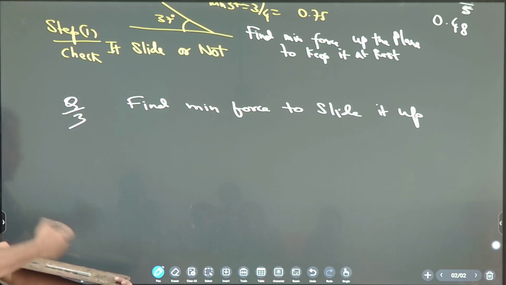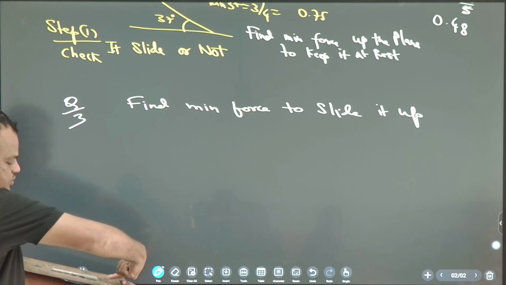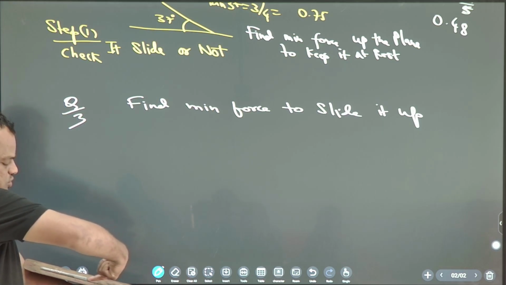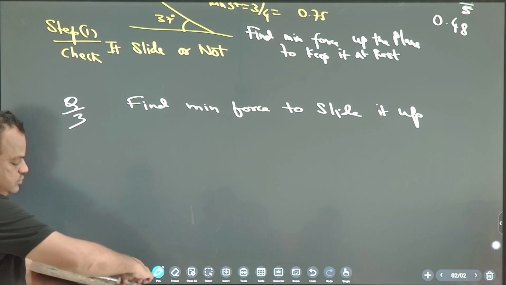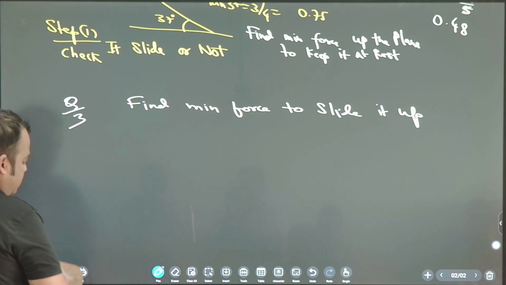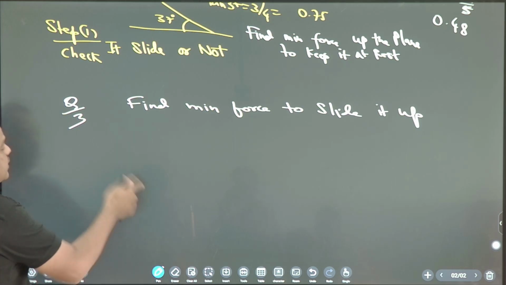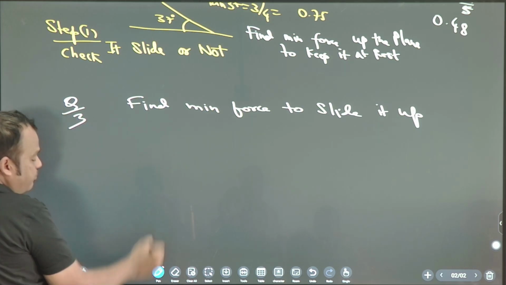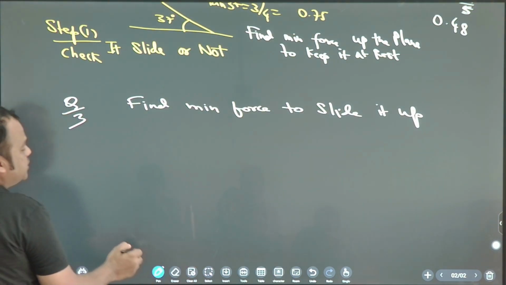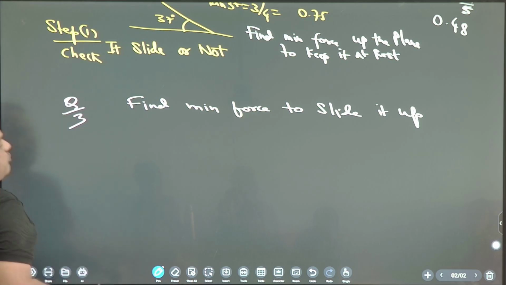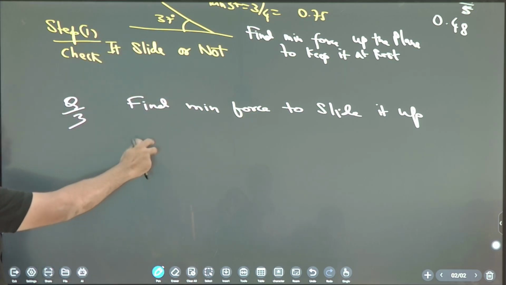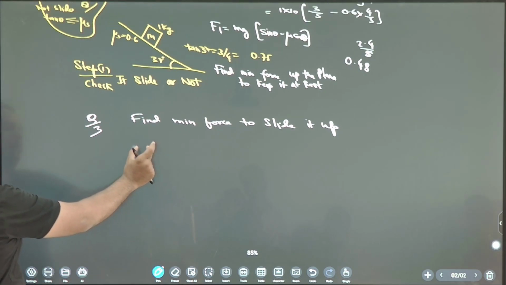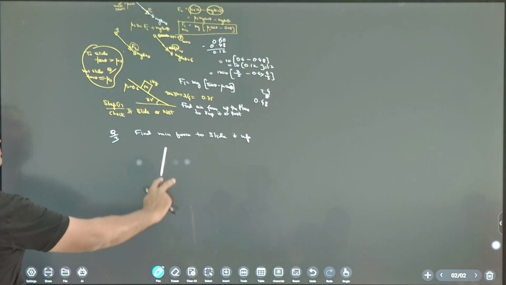Suppose I want to slide it up like this. So friction is acting where? Down the plane, correct. This is more important now. In the previous two questions, friction is acting upward, correct?